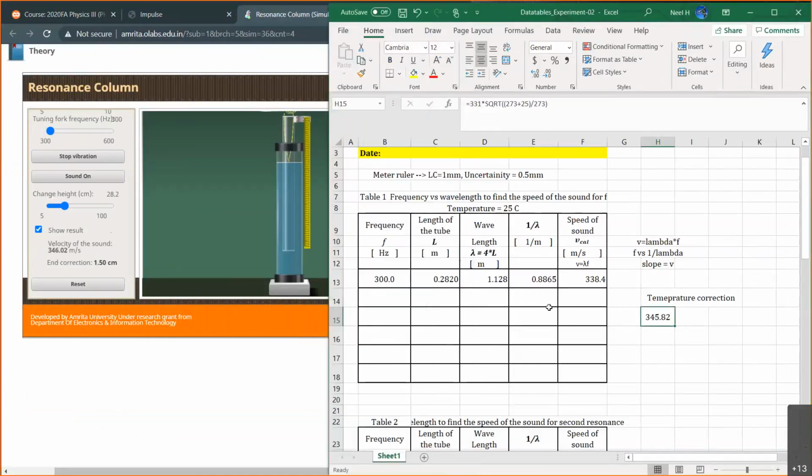Let's try that. Let's do the percentage difference with the temperature correction and the end correction, right? So the L should be the number we measured plus 1.5. Let's try with that. 0.015 meters, sorry, 0.015.